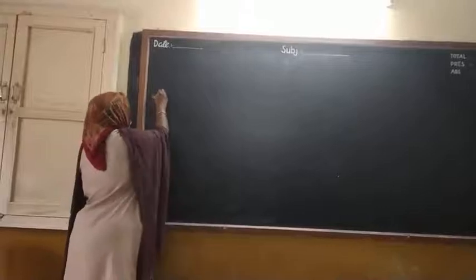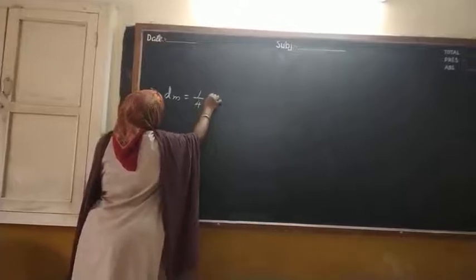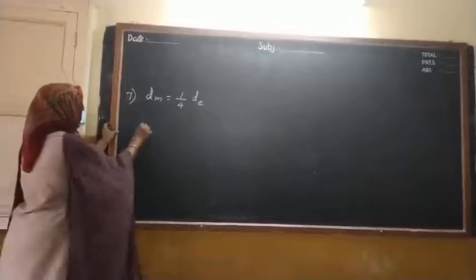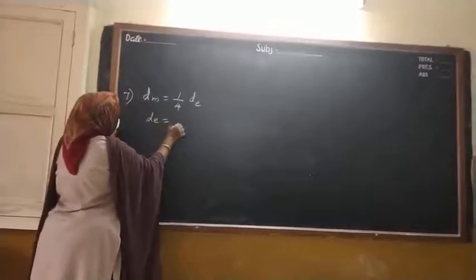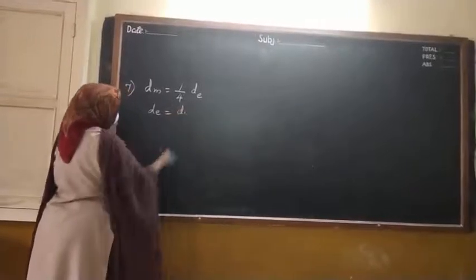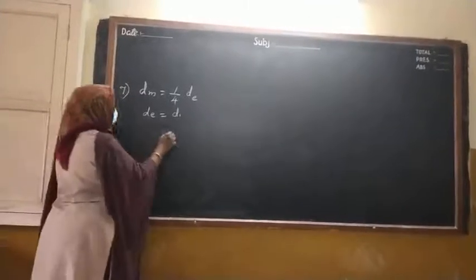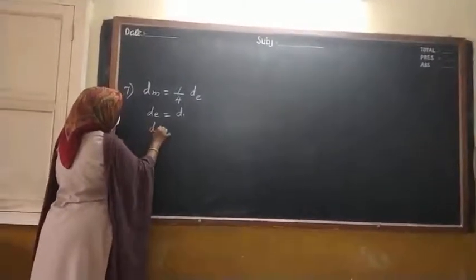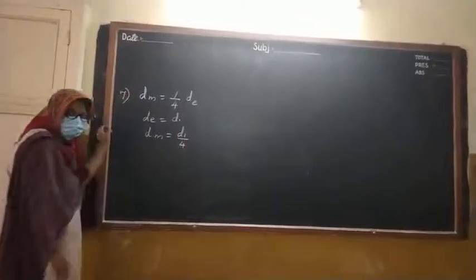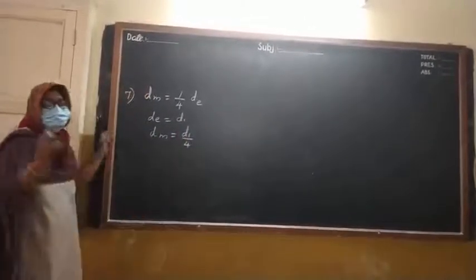So let the diameter of the earth be E1. What will be the diameter of the moon? E1 by 4. Then what will be the radius? Radius also will be 1/4.